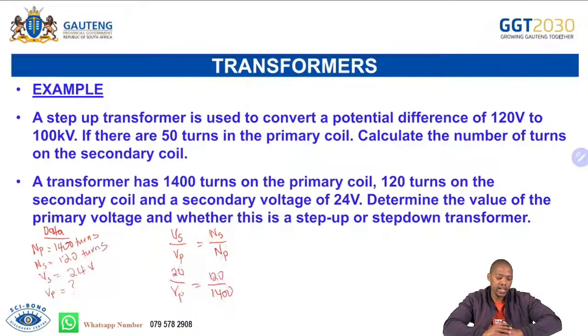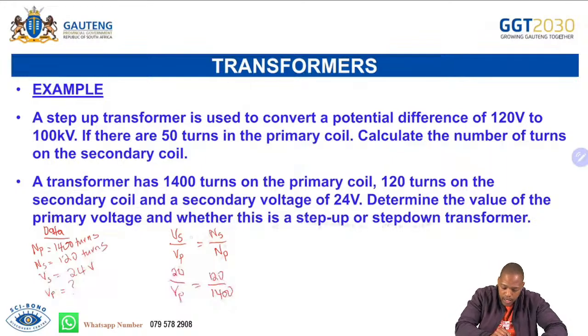But by looking at the number of turns, already I hope at least one of you or all of you now are able to tell whether this is a step up or step down transformer. So even if I make some mistakes in my calculation, I should be at least able to get this mark of identifying whether this is a step up or step down, because in actual fact, I don't necessarily need to do these calculations to determine that. Without doing the calculations, I could determine that as well, right?